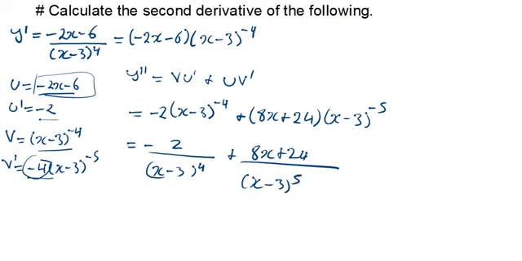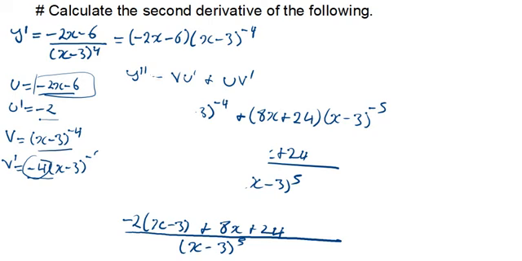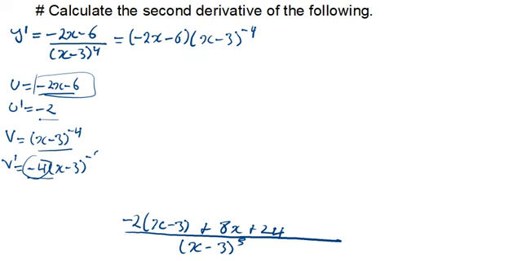I have to find the common denominator, and my common denominator is basically (x - 3) to the power 5. So (x - 3) to the power 4 into (x - 3) to the power 5, you're going to remain with (x - 3), of which you're going to say -2(x - 3), and you say plus. Then we're going to have it the way it is, this one here, 8x plus 24.